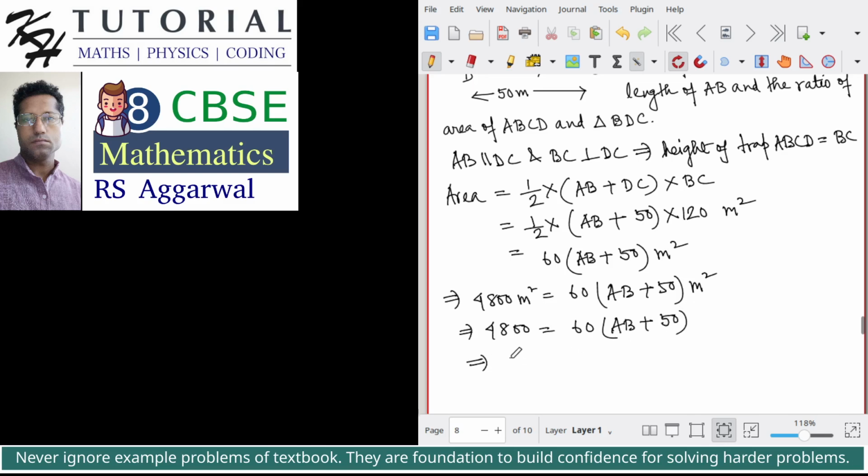This implies, what is AB plus 50? This will be 4800 divided by 60. This is equal to 80.